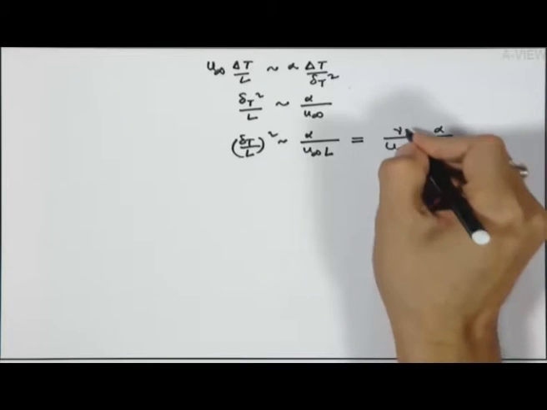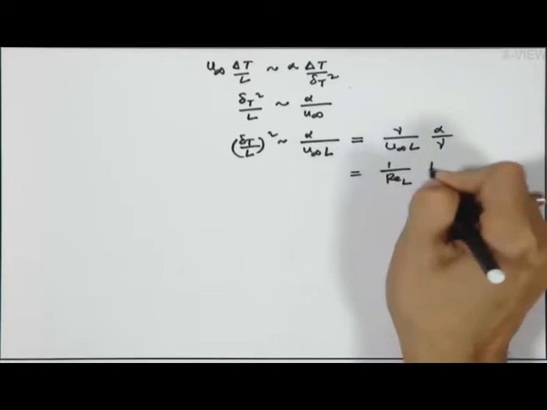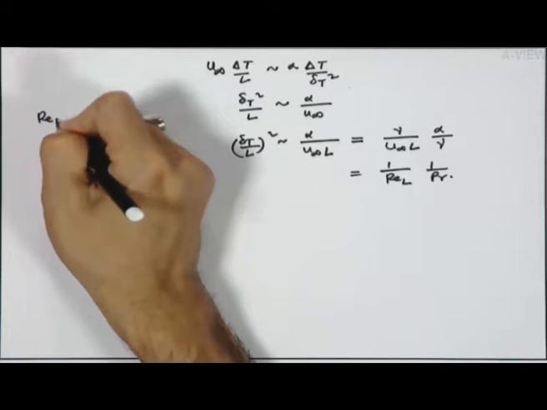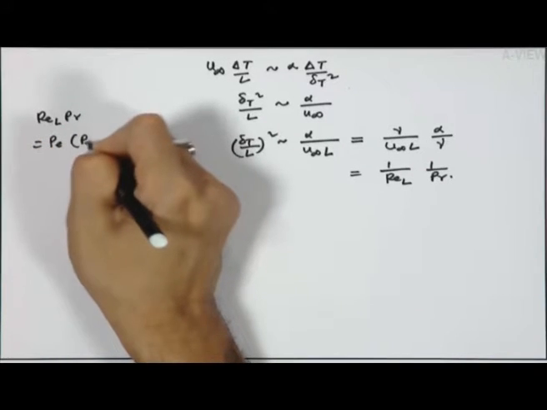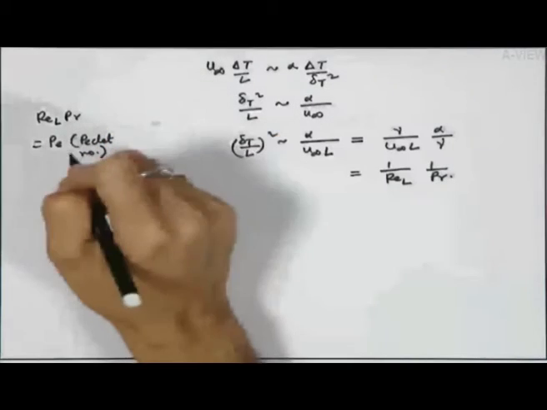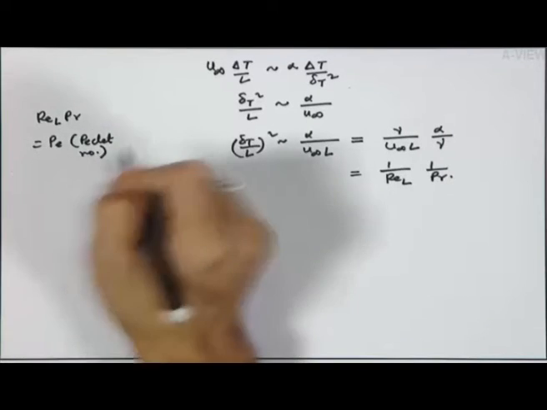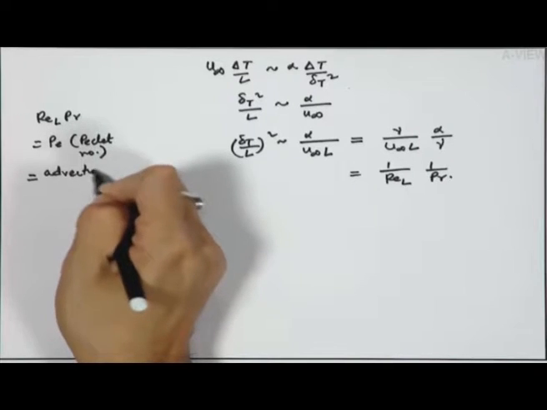So, this is nothing but 1 by Reynolds number into 1 by Prandtl number. Reynolds number into Prandtl number is also called the Peclet number. This is the ratio of advection strength to diffusion strength. This is the physical meaning of this.